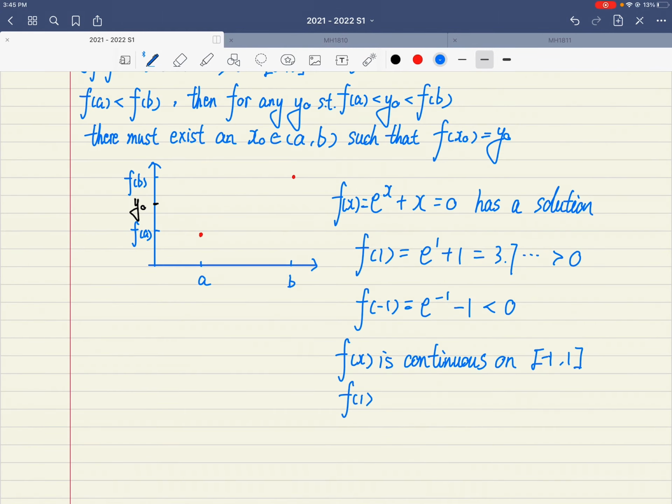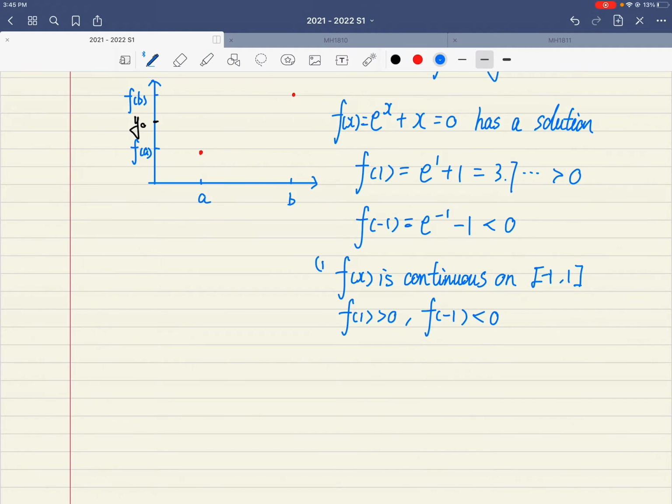And your f(1) is positive, your f(-1) is negative. So both conditions are satisfied.